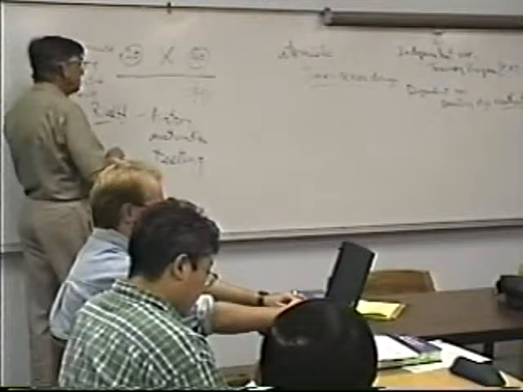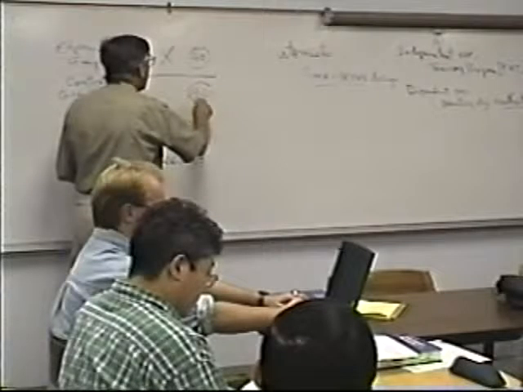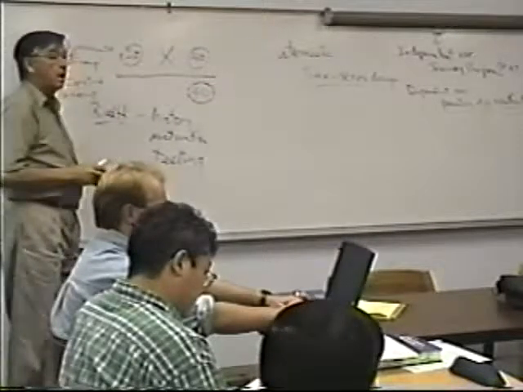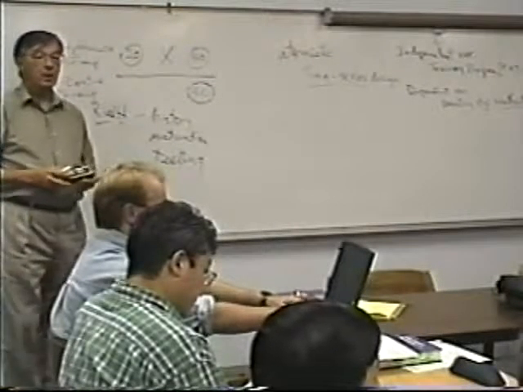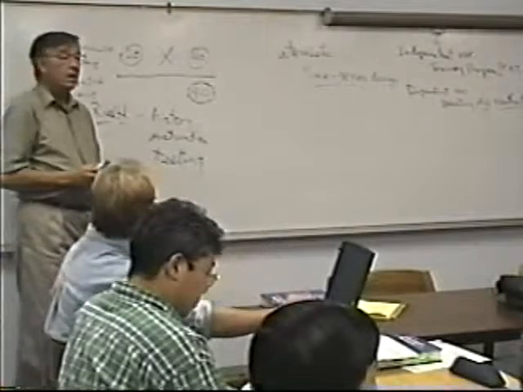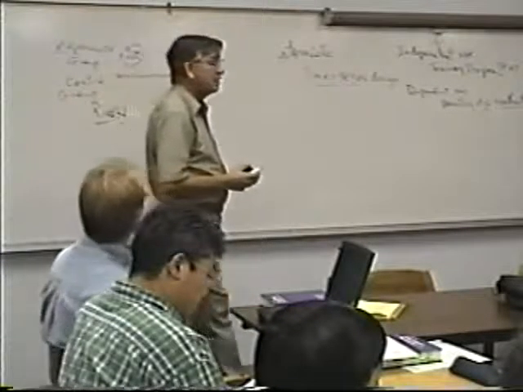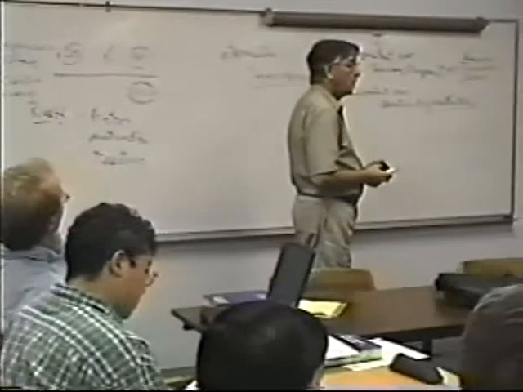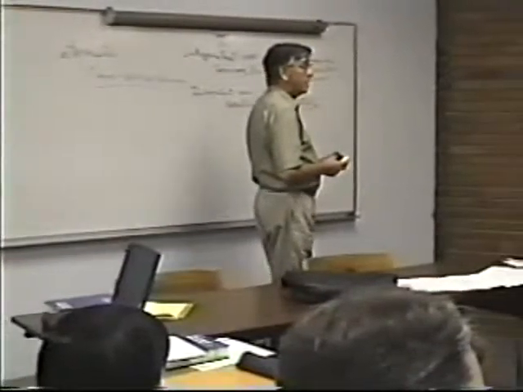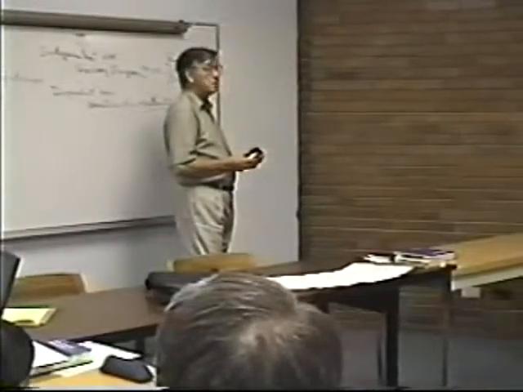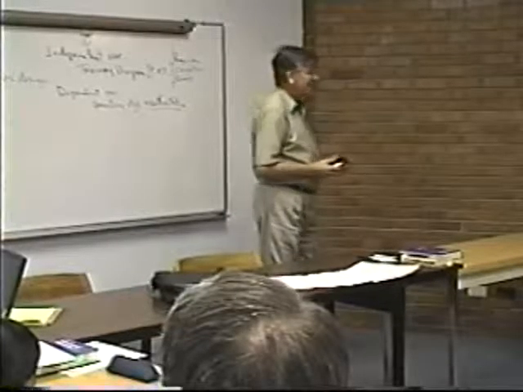So let's try something else. I'll take that one out. The old timers don't like this one. Is it still an experiment? Is it still a control group experiment? Yes.